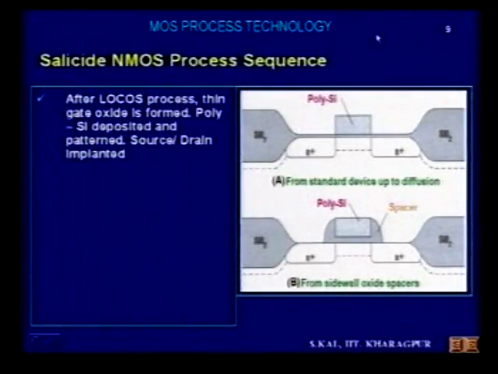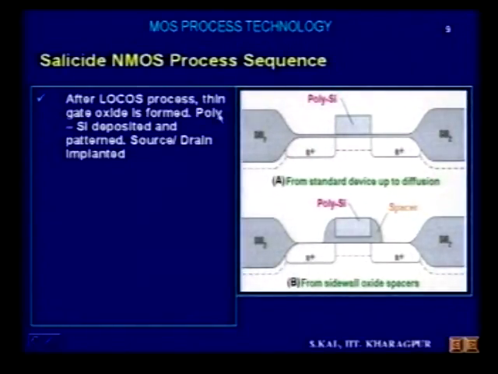So there, after LOCOS formation, this is field oxidation, LOCOS formation. Thin gate oxide is formed. This is the thin gate oxide you see here. Polysilicon is deposited and patterned. Here the polysilicon is deposited and patterned. Source drain implanted. Okay, then source drain N plus and here N plus are implanted.